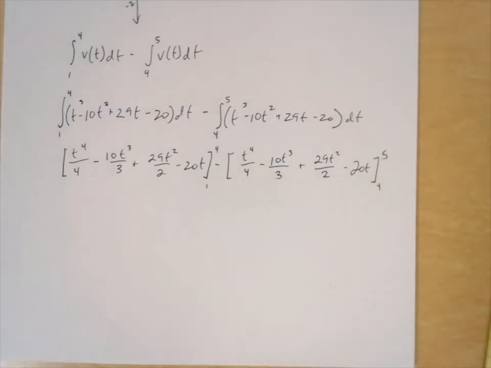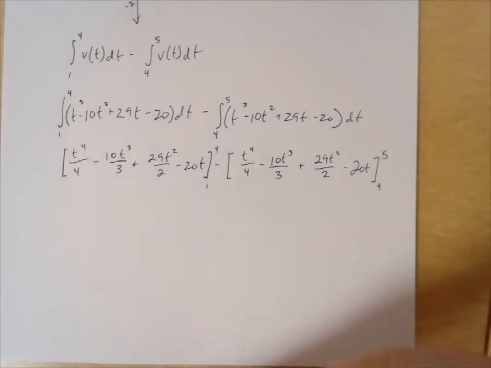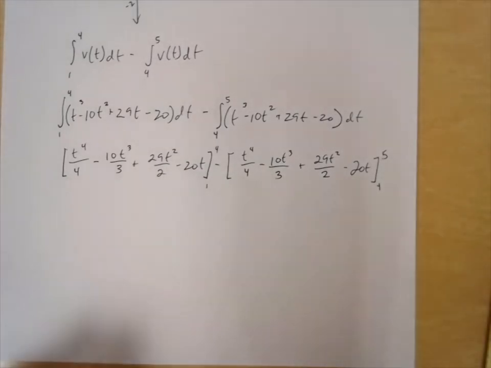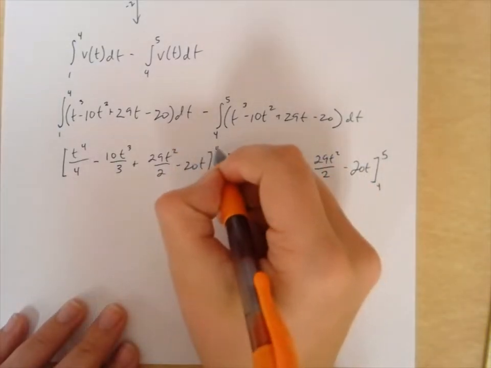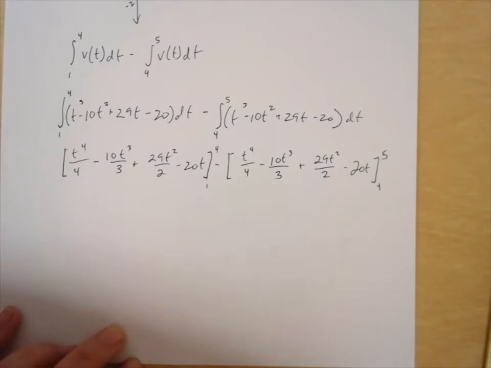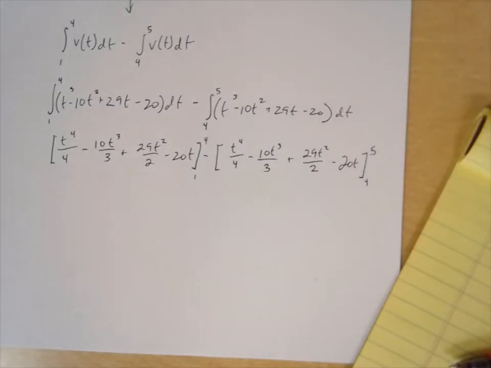And so what I fill out here is a lot of stuff, a lot of algebra, but we can do it, just piece by piece. To do the 4 to the 4th, that is going to be 256.